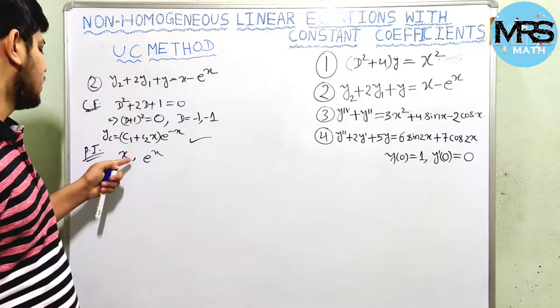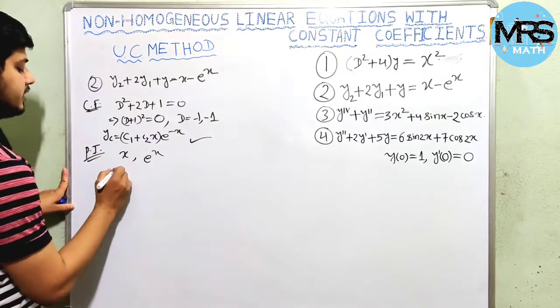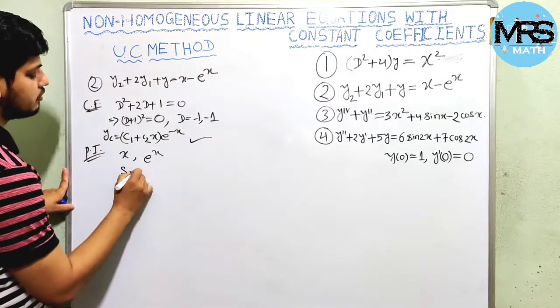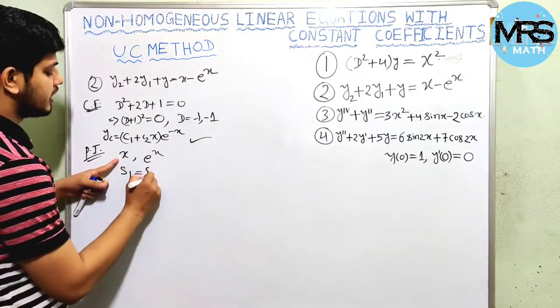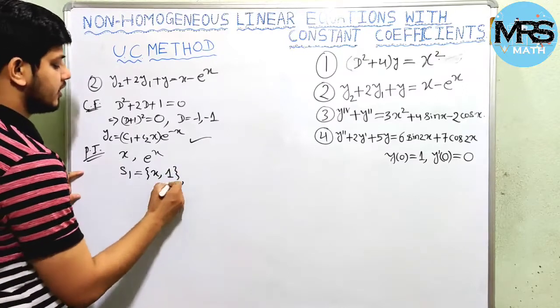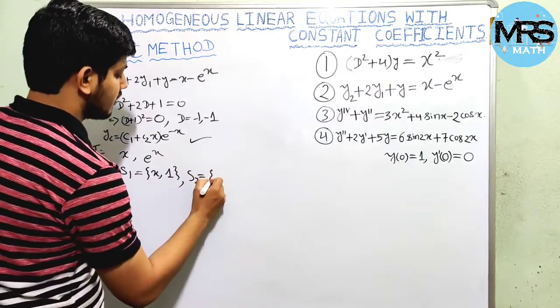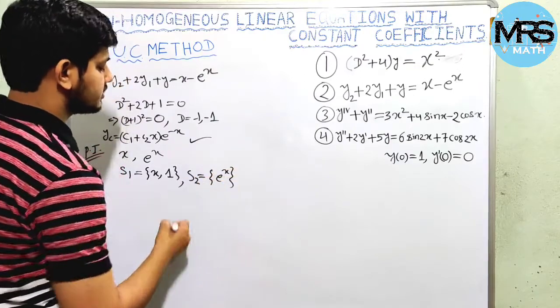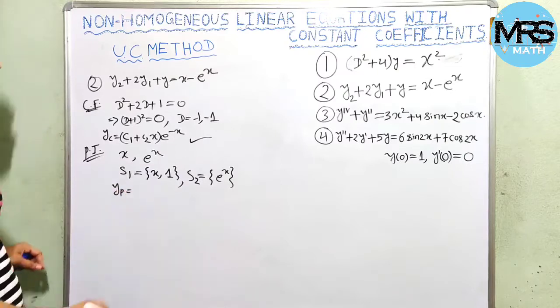So for each UC function we will find out the UC set. So if S1 will be the UC set for x, then we can write x and 1, okay? So for e to the power x, the UC set will be only e to the power x, correct?